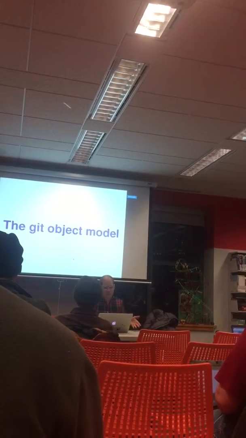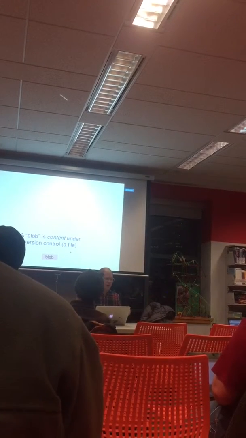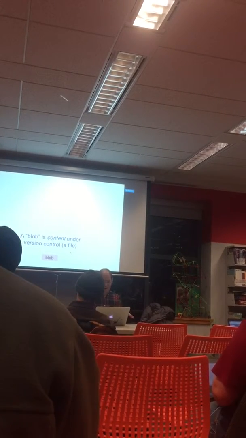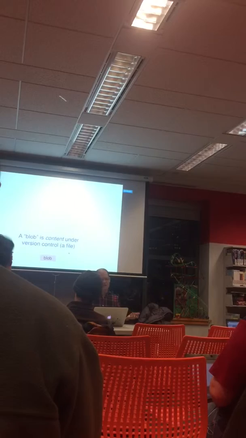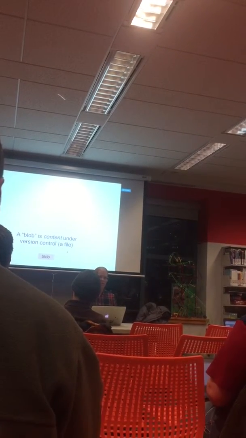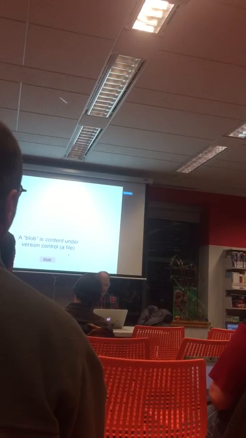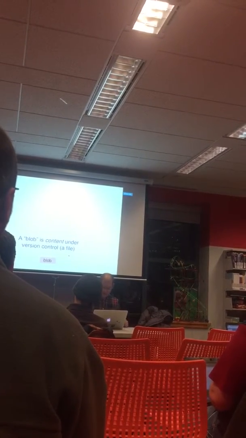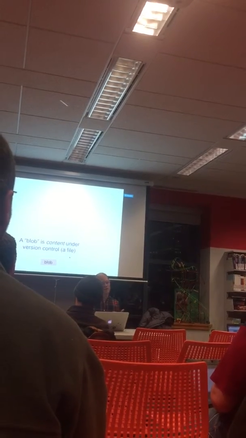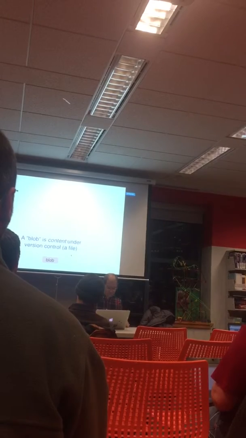So, in the Git object model, you start with a blob. Here they said it's a content under version control file. That's basically what it is. It has a header, a set of hashes inside of it, and it can also be compressed. So it's kind of like just a regular file.